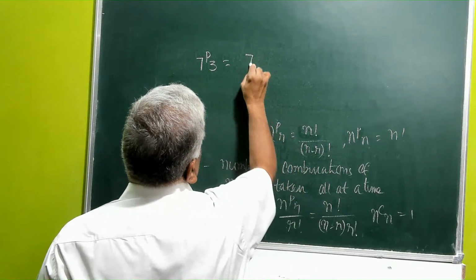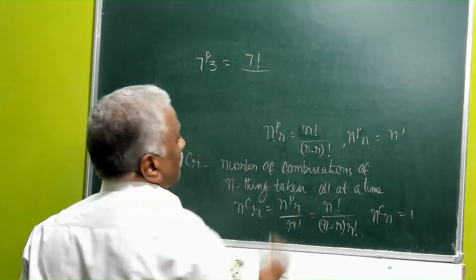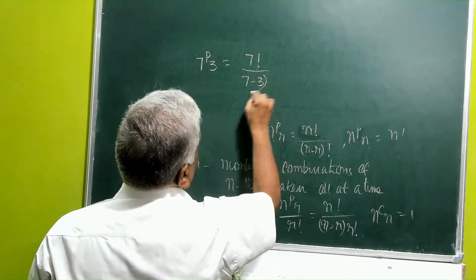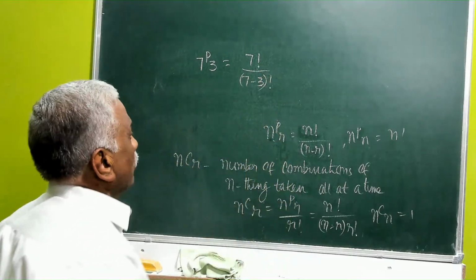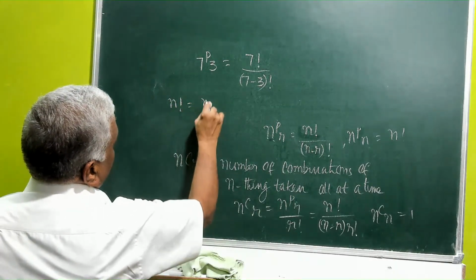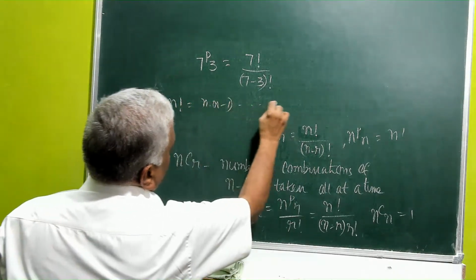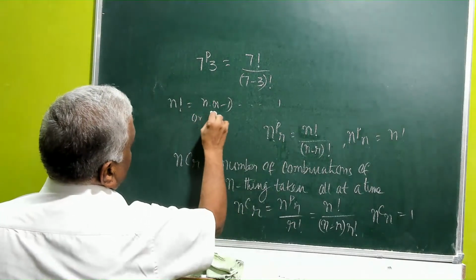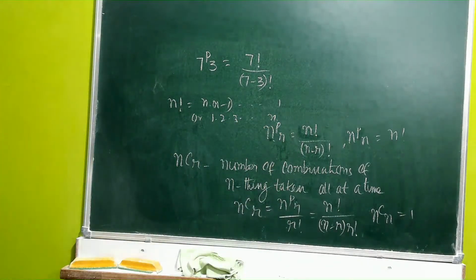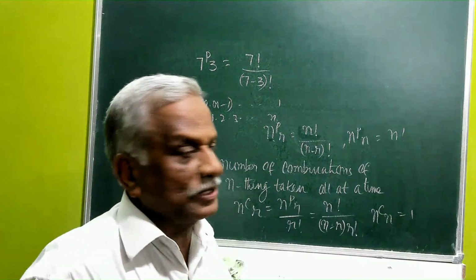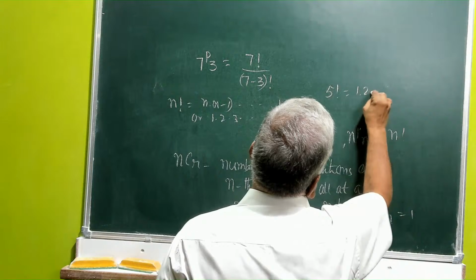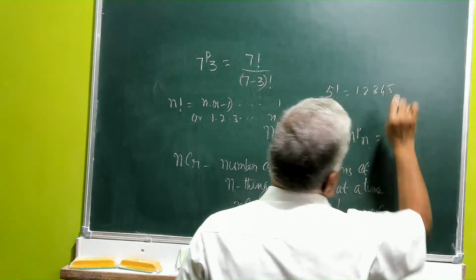So if you use the formula, you get 7 factorial by 7 minus 3 factorial. I suppose all of you know what is factorial n? It is n into n minus 1, etc., up to 1, or you can write it as 1 into 2 into 3 into etc. up to n. The product of the first n numbers is called n factorial. So what is 5 factorial? 1 into 2 into 3 into 4 into 5.